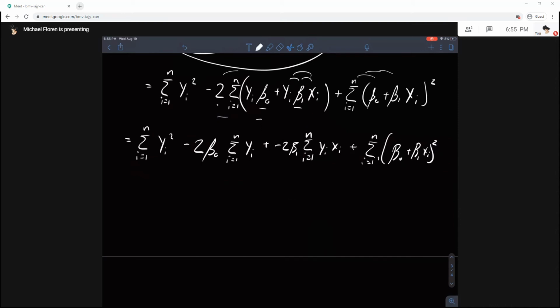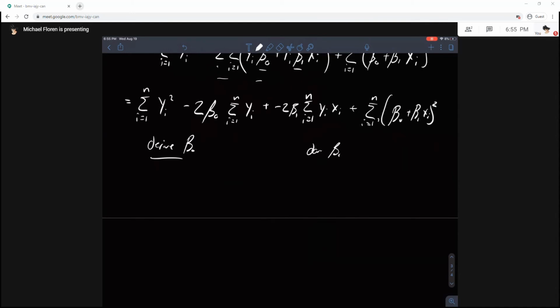So I'm going to take the derivative with respect to beta 0 to get the solution for beta 0, and the derivative with respect to beta 1 to get the solution for beta 1. I'm going to start with the beta 0 one, and then we'll move on to the beta 1. So if I take the derivative of this entire thing with respect to beta 0, well, the first term becomes 0.